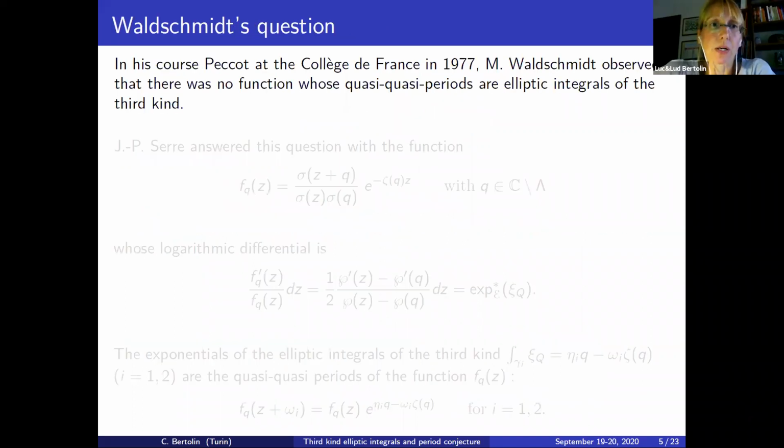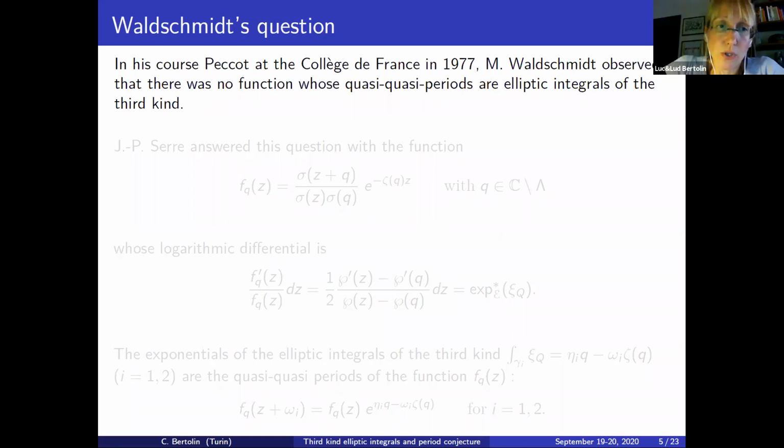In his course at the Collège de France, Michel Waldschmidt observed that there was no function whose quasi-periods are elliptic integrals of the third kind. That means elliptic integrals of the third kind never appeared as periods of a function until this date.